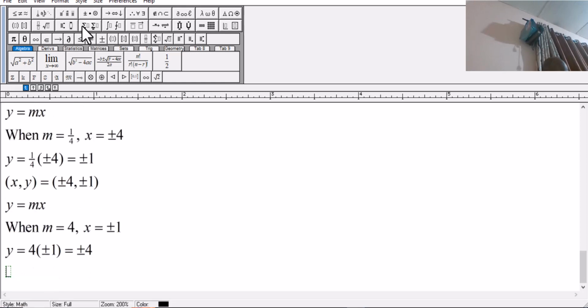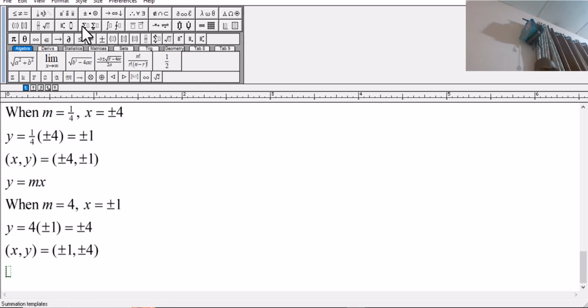So we can now say that x comma y is equals to comma. So these are the values we are getting. So let's put the values out. So these are the values of your x and y.